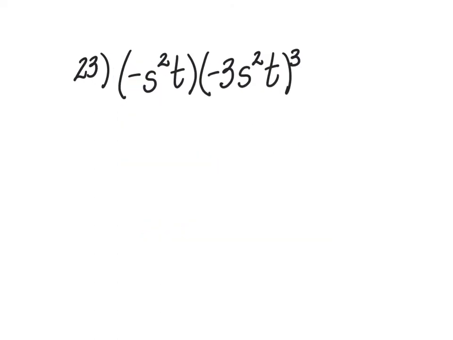23, we have negative s squared t times negative 3s squared t raised to the third power. So this time I have to start with the second parentheses and get rid of that outside power. So remember that we have to give this outside power to all the inside powers. So I'm going to put a 1 on the 3 and the t.